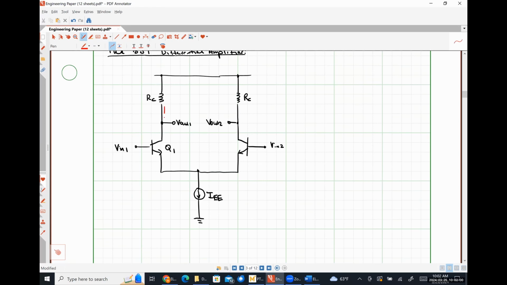So I want to identify a couple of things here. The current that's flowing through our resistor RC is IC1 on this side. The current that's flowing over here, we'll call it IC2, which reminds me that I need to label this as Q2. And this is VCC.